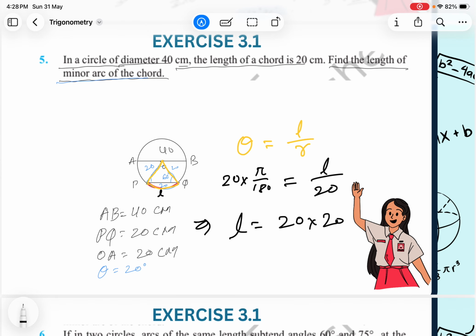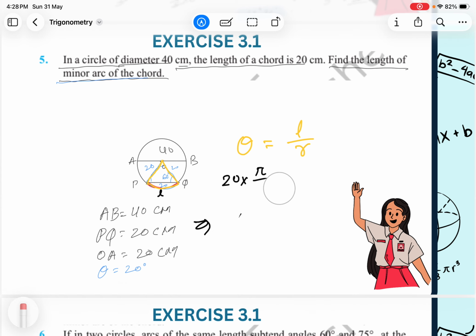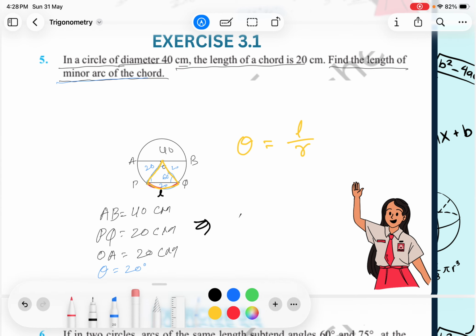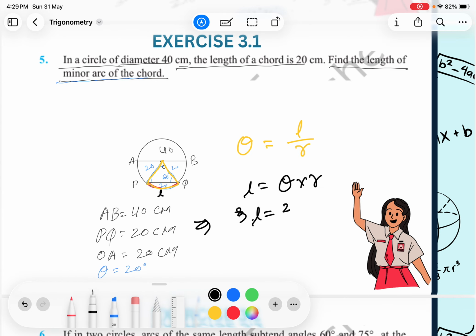Okay, so if I do one thing here, it will be more clear. So we have to find L, right? So L equal to, we can say this is theta into R. So we can also say L equal to theta, that is 60 degree. I have written this wrong.